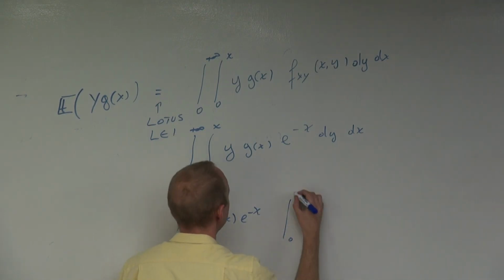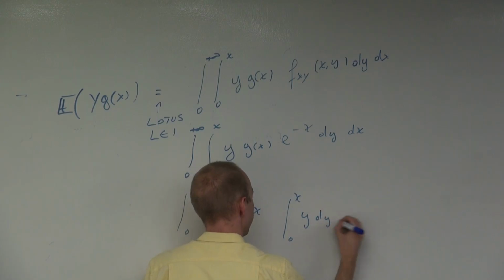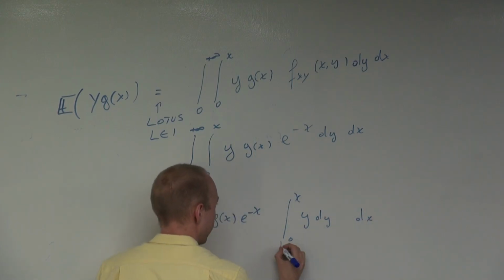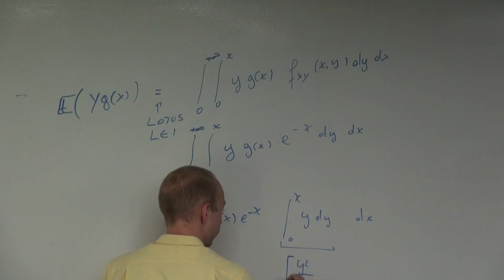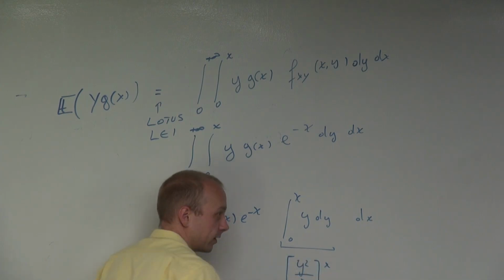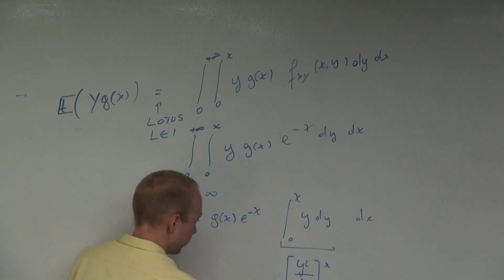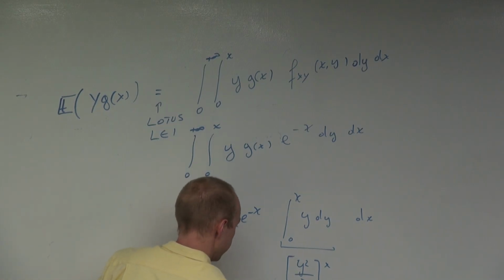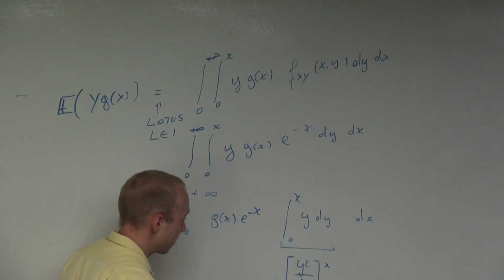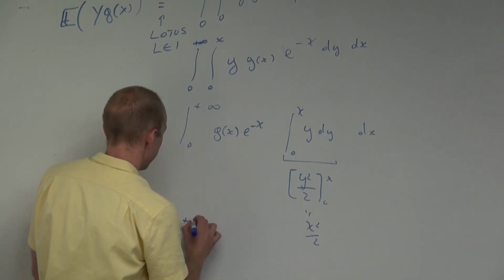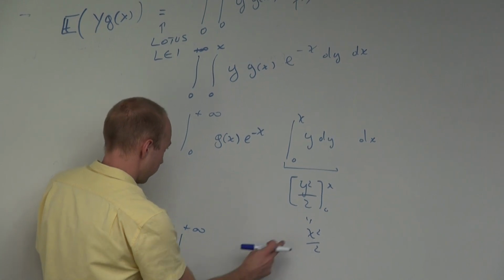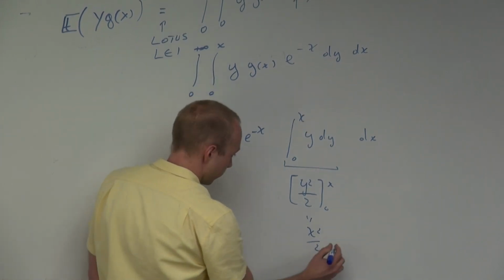Oh, that's right. Yes? So what do you get here? y squared divided by 2, from 0 to x, no? Yes, so this, at the end of the day, is x squared divided by 2, no? Yes? So you have the integral from 0 to plus infinity of what? Of x squared divided by 2.